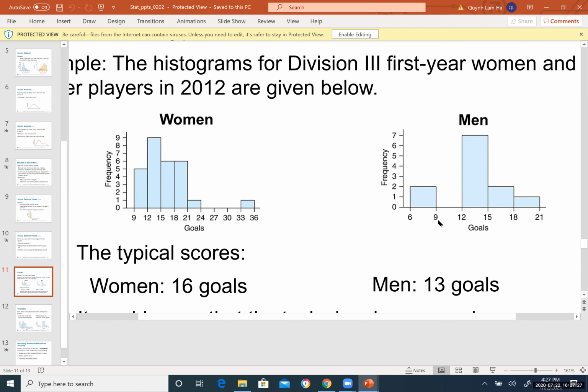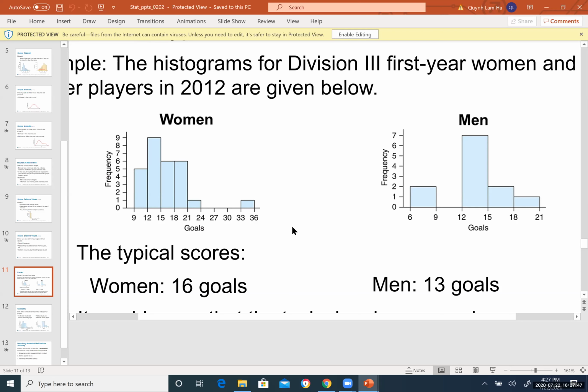But for the men's side there is less data, and the women's side looks like more data. You know why? Because they have more rectangles. They have the same bin width, but more rectangles. Here they only have 4.